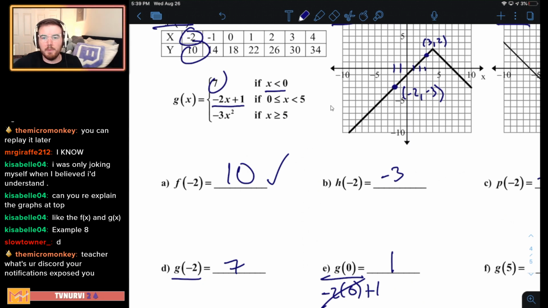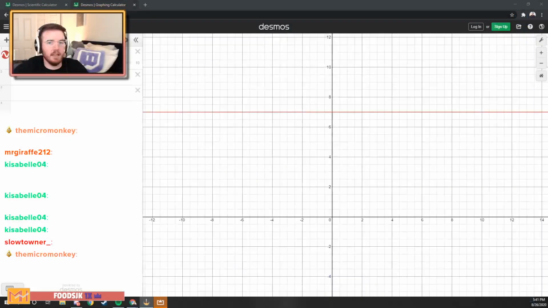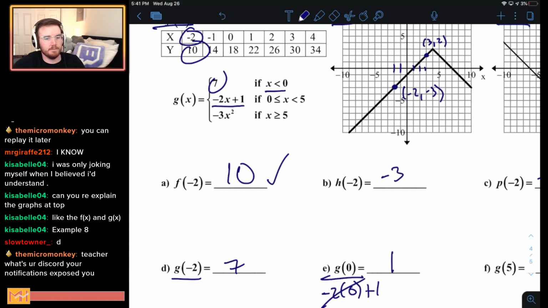If you type into a graphing calculator y equals 7, you just get a flat line, right? It's just a constant answer of 7. That's what that's saying, right? It's just a flat line at 7. So the number's not fluctuating. That's all we're getting at there.